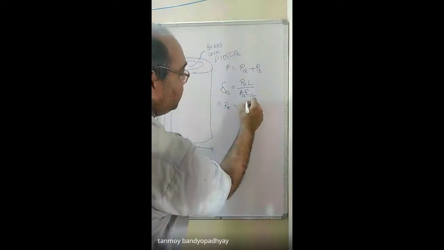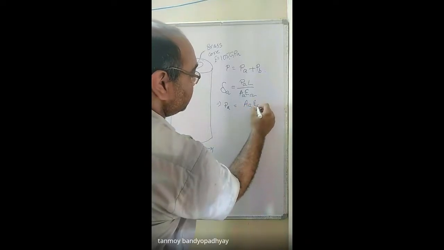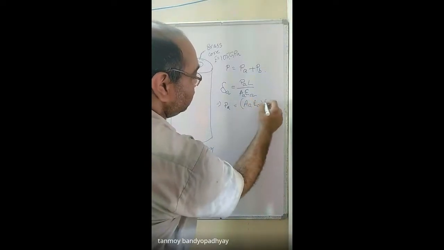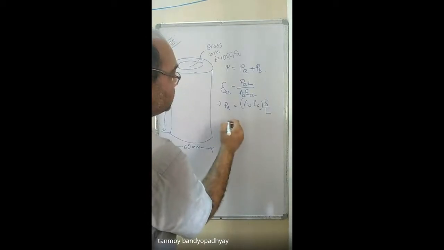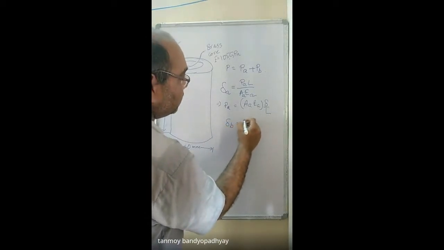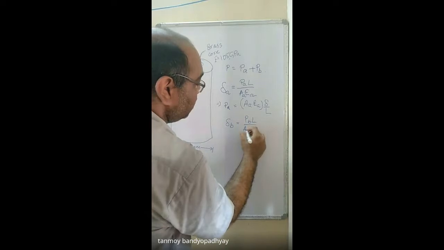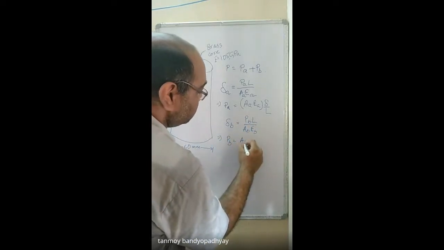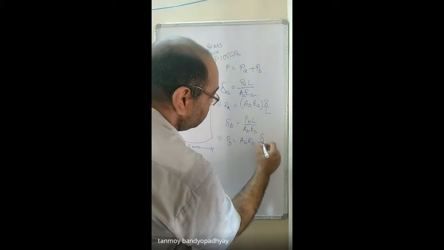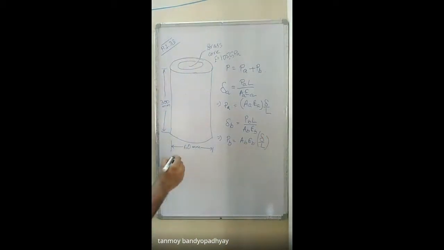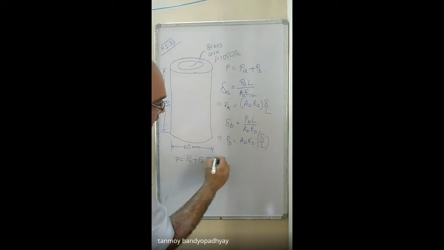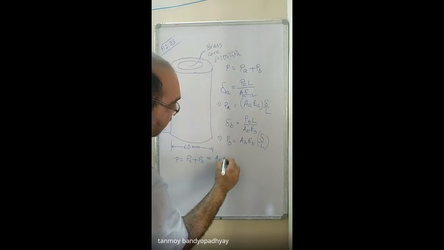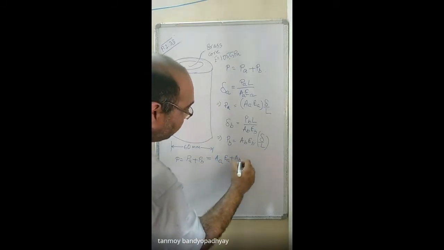So PA will be equal to AA into EA into delta divided by L. Similarly, the deflection delta B will be equal to PBL divided by ABEB. So PB will be equal to ABEB into delta divided by the length. So this P will be equal to PA plus PB, so that should be equal to AAEA plus ABEB into delta by L.